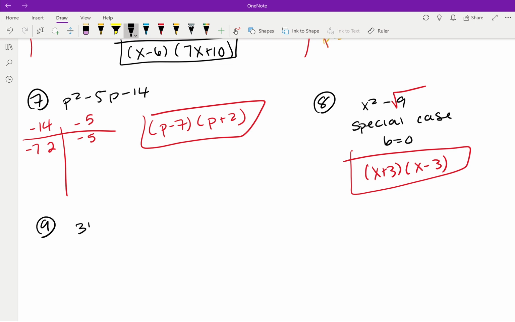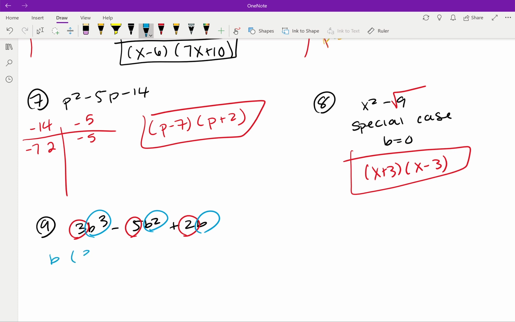Okay, number 9. We have 3b cubed minus 5b squared plus 2b. Okay, I'm looking at all of my terms, all of my numbers here. So there's not a number that can divide into 3, 5, and 2. So there's no number GCF. Let's look at our letters. B cubed, b squared, and b. So the smallest I can take out of all of them is b.